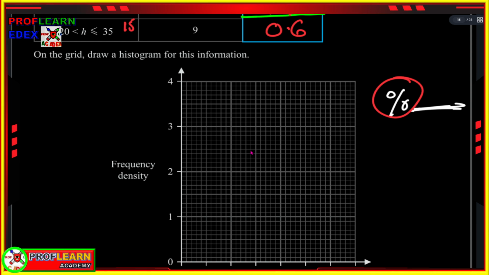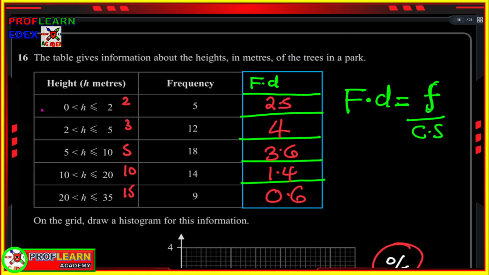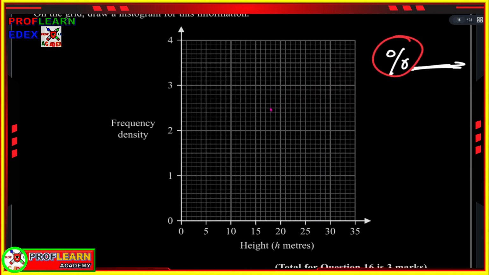Now, the first one is from 0 to 2, with 2.5. So first I have height, 0 to 2 will be here. 0 to 2, 2.5. I'll move up. 2.5 will be well seated there.